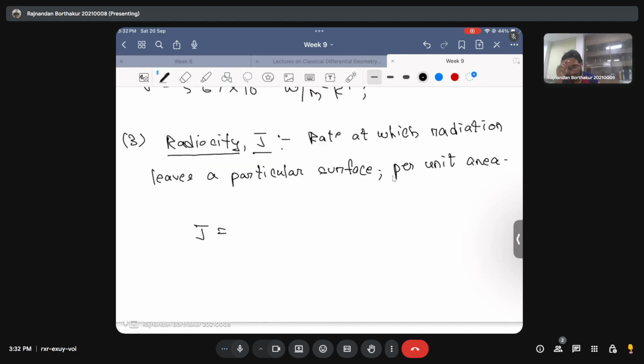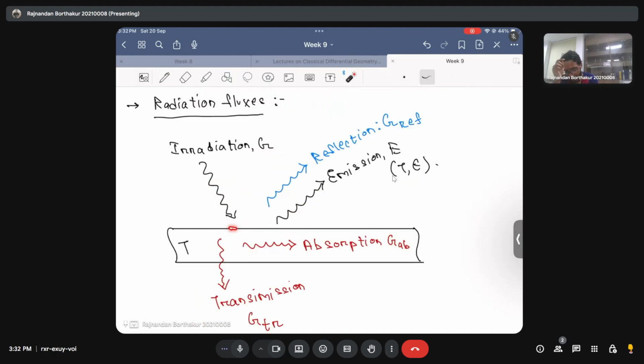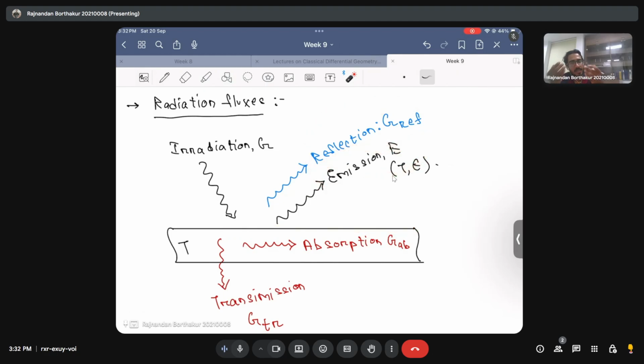So basically, if you look into this figure, I think it will be more clear. The radiation that leaves this surface is equal to the reflected part of the irradiation plus the emissive power, which occurs because of the body that is present at a particular temperature, or the surface temperature of the body, which I'll call more precisely Ts.